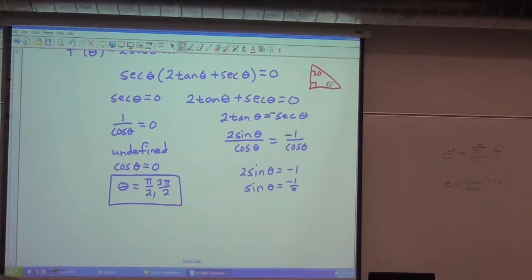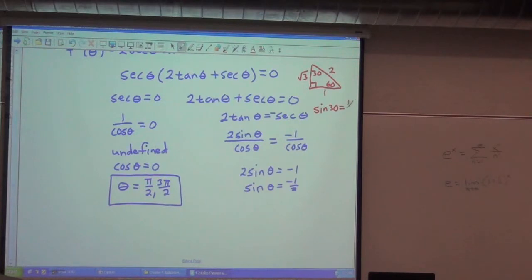I write my 30, 60, 90 triangle. 3 pi over 2? That's where sine is negative 1. We need it to be negative 1/2. Oh, I didn't see that half part, because we have this 2 here. So at 30, sine of 30 is 1/2 from my triangle here.